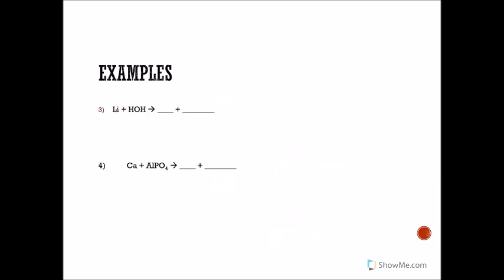And 2 more examples here. Lithium and water, so HOH, remember that's water. Lithium is the most reactive element. That's how I always remember which direction my table is going. If the most reactive element is lithium and it's on the bottom, then it goes from the weakest to the strongest on the bottom.